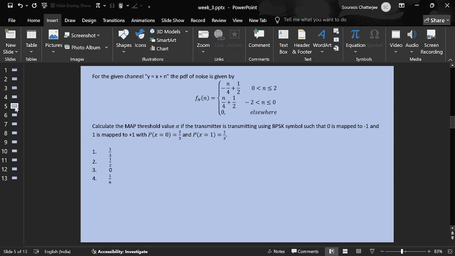Now you have to calculate the MAP threshold value alpha if the transmitter is transmitting BPSK such that 0 is mapped to -1 and 1 is mapped to +1, with some probabilities. So what do you think I should proceed with?